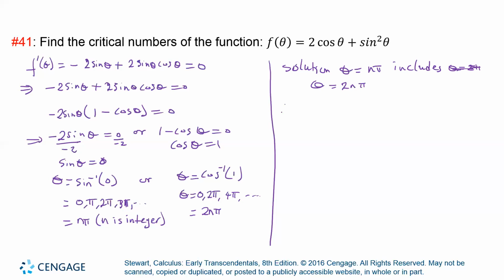So therefore, the critical values are theta equal to n pi, where again n is an integer. Very good. So that is 2 examples of finding the critical values of a function.